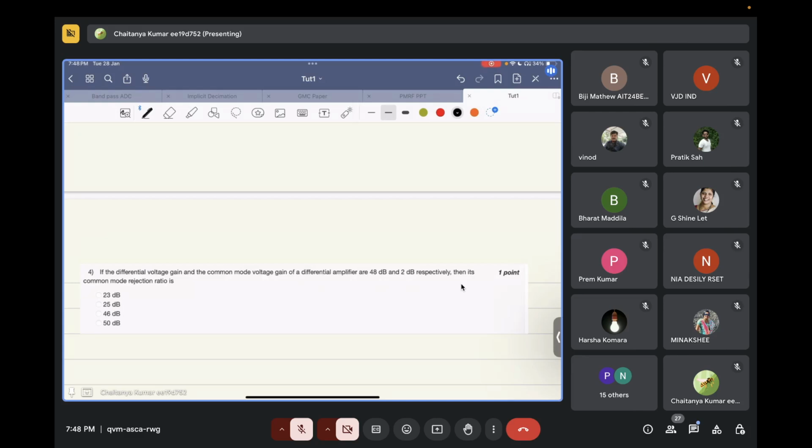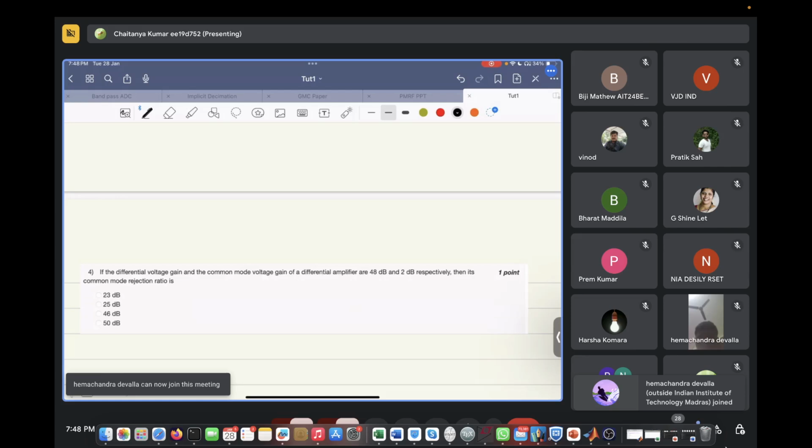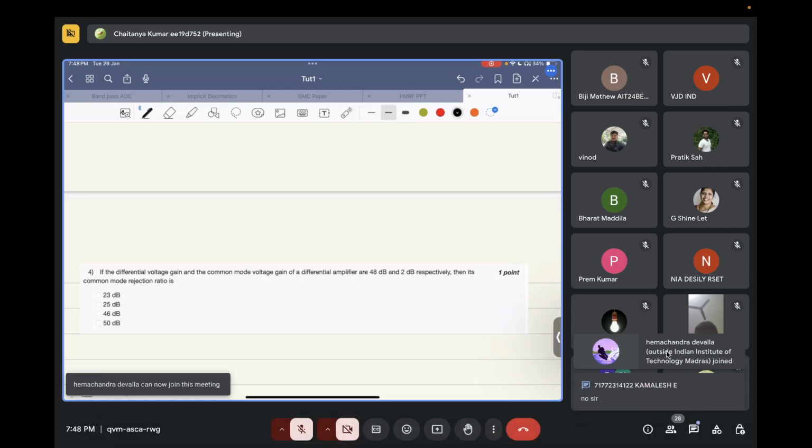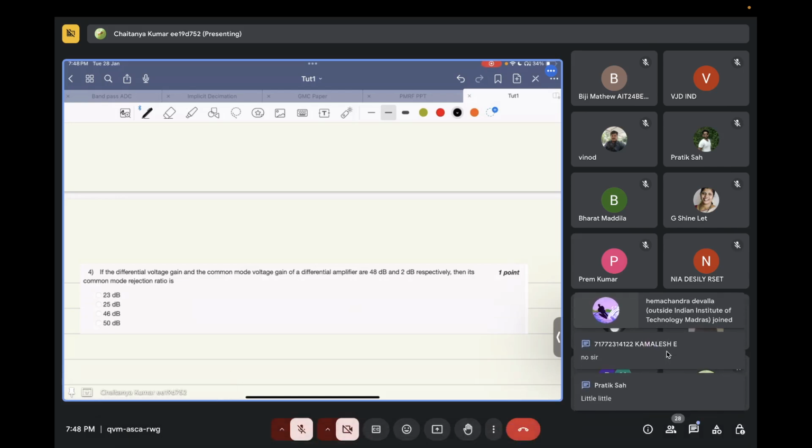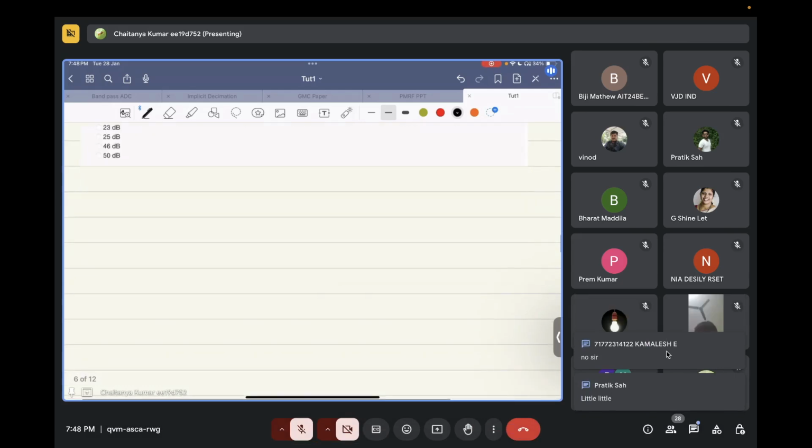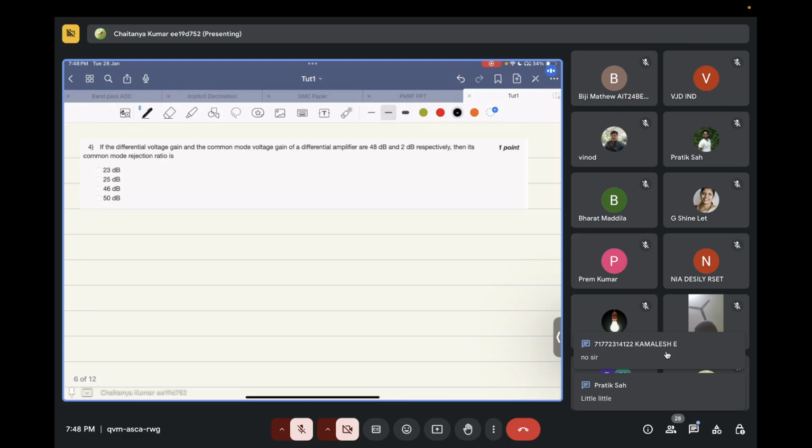Now, are you guys familiar with differential gain and common mode gain? Little, no, sir. Okay, so we will just quickly talk about what is a differential circuit and what is a single-ended circuit, and then we will see what is differential gain and what is common mode gain.